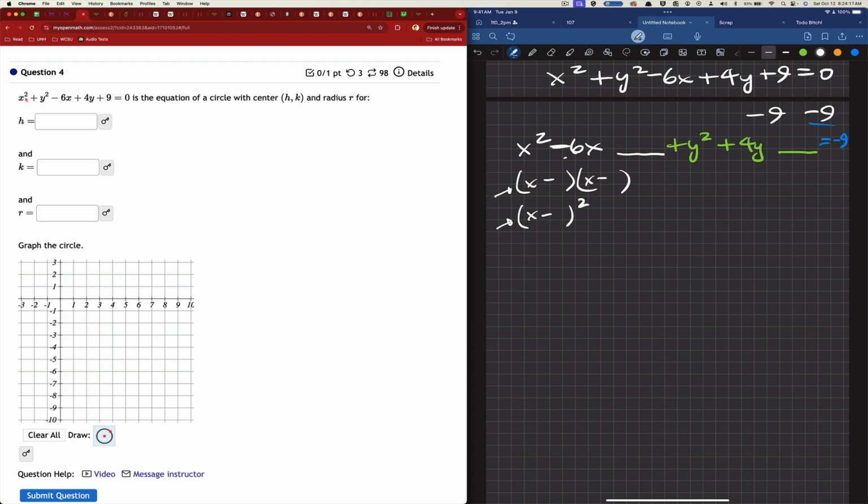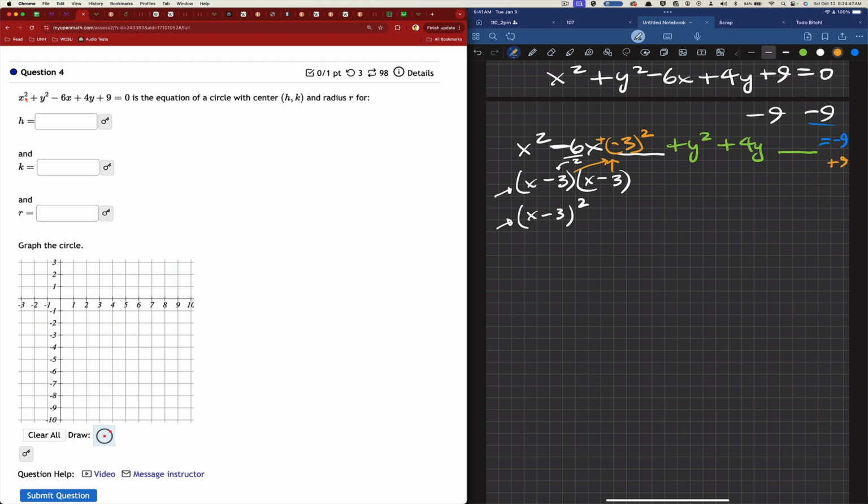I'm going to divide this by 2, recall, to figure out what number goes there. So that's going to be negative 3, and of course then this is a negative 3. And then I'm going to square these two numbers, which is squaring negative 3. Negative 3 squared is 9. If I added negative 3 squared over here, which is 9, I have to add 9 to both sides.